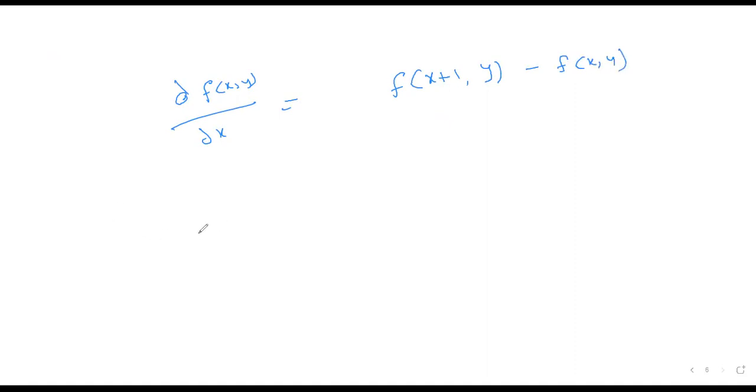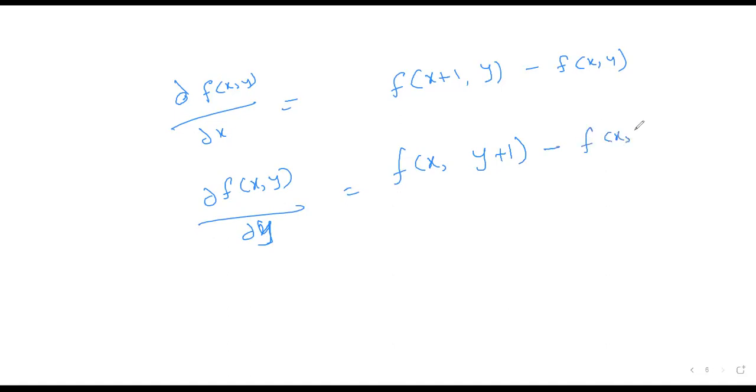Dou f by dou y is f of x comma y plus 1 minus f of x comma y.